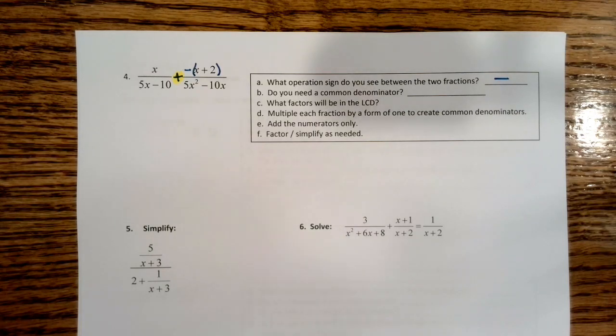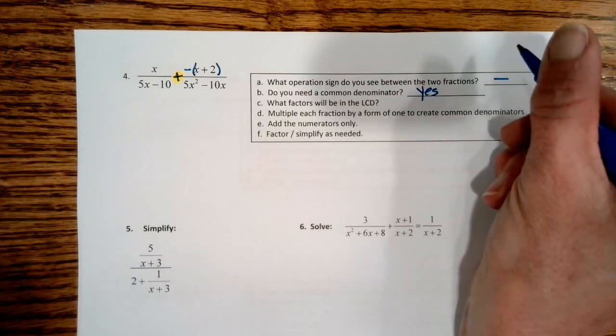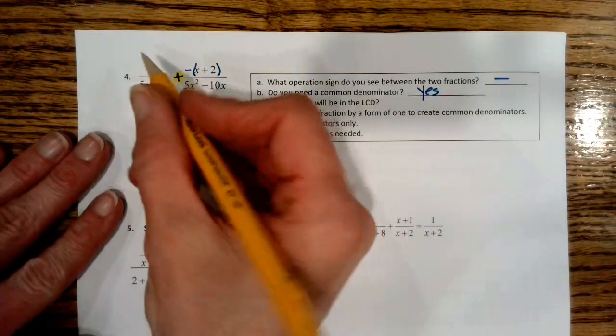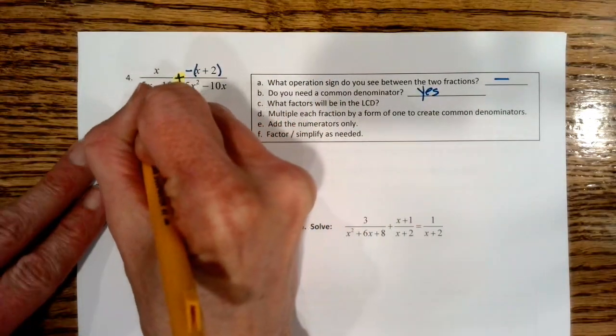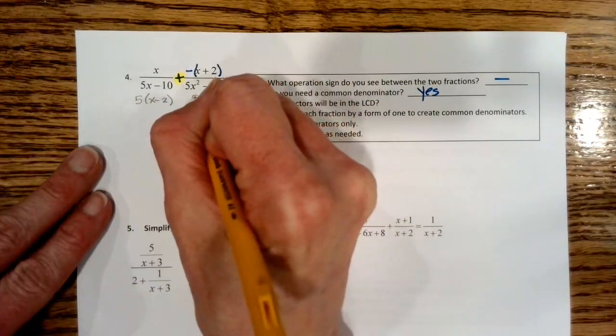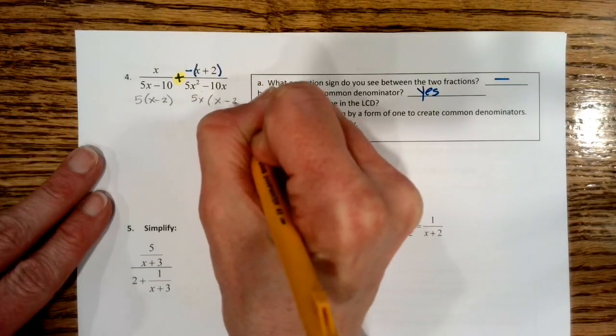Okay, so now I'm going to go ahead and think about these questions. Do I need a common denominator? Yes, because I'm adding. Before I can list my factors, I have to go ahead and factor each of these denominators. I can take a 5 out, and I have an x minus 2. I can take a 5 and an x out, and I have an x minus 2.